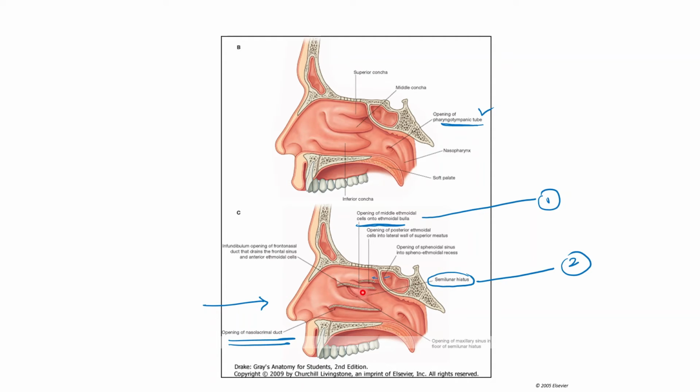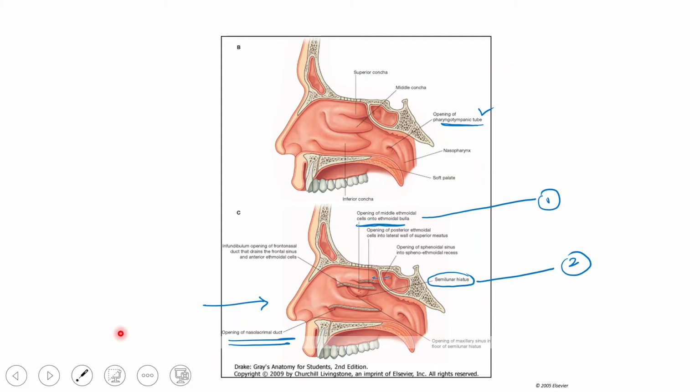The bulla ethmoidalis receives the opening of the middle ethmoidal air sinus, whereas the hiatus semilunaris receives the opening of the maxillary air sinus.